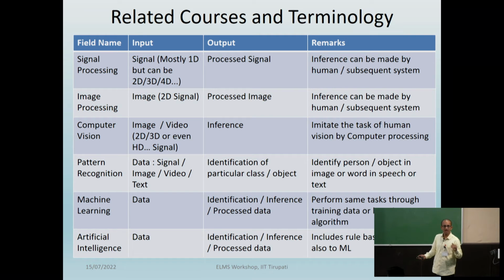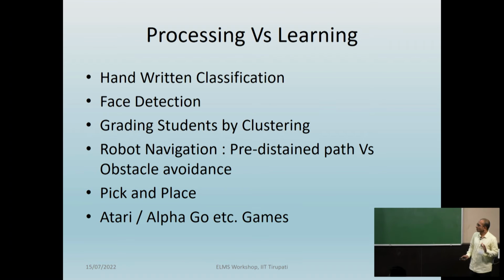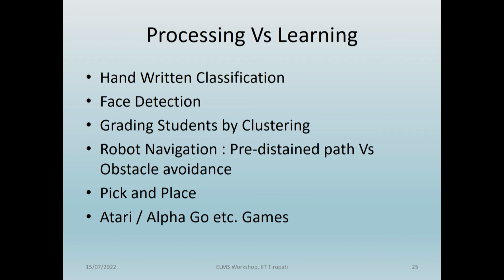Then we went to inference, that is, computer vision does the inference, and machine learning and pattern recognition, where learning comes into the picture, and artificial intelligence encompasses the methods of machine learning as well as the rule-based methods.